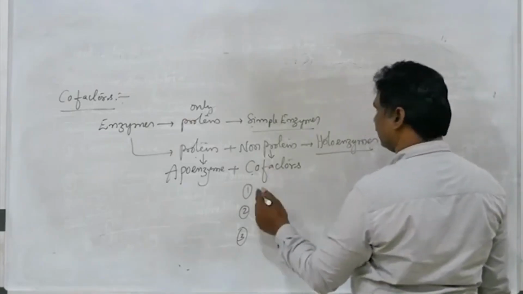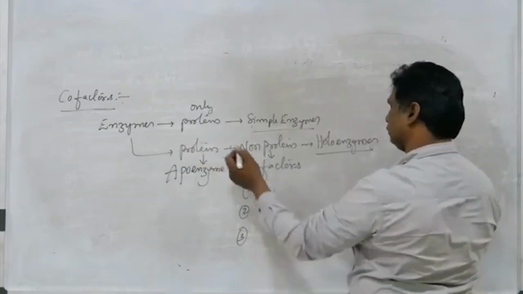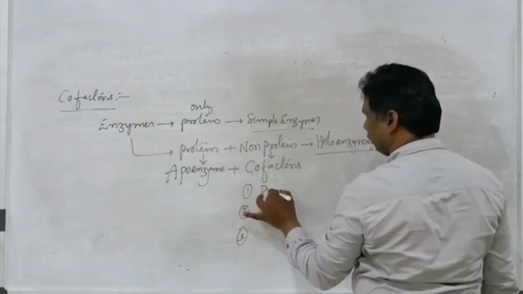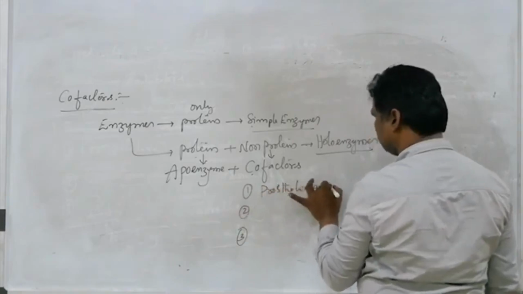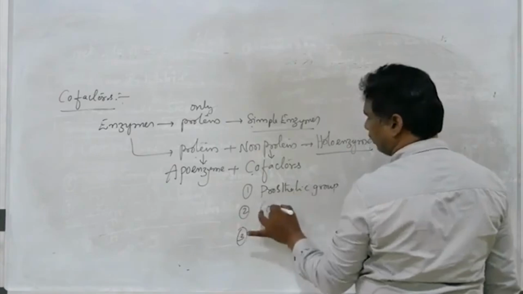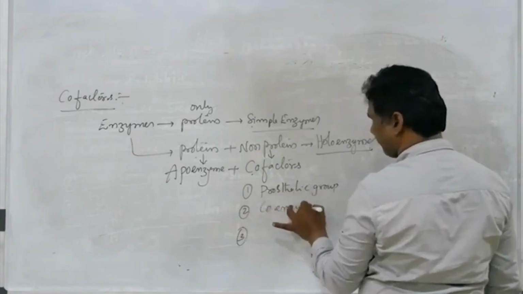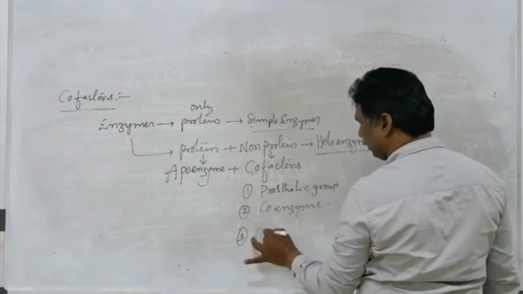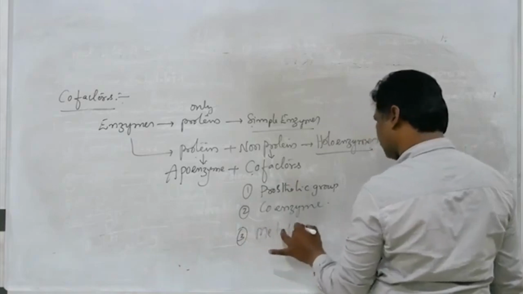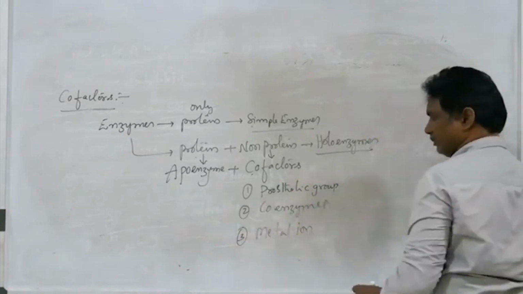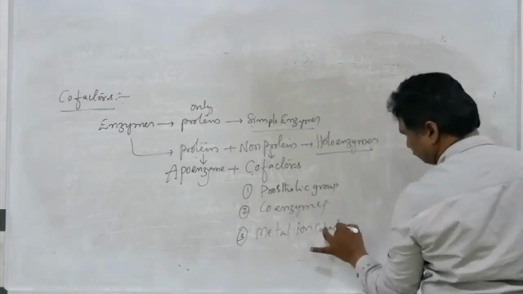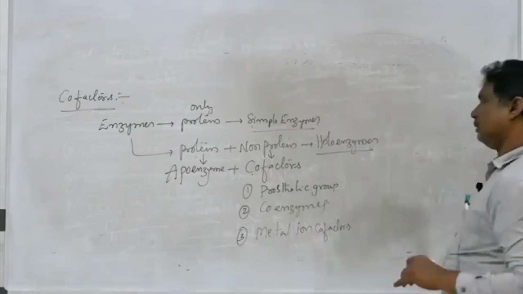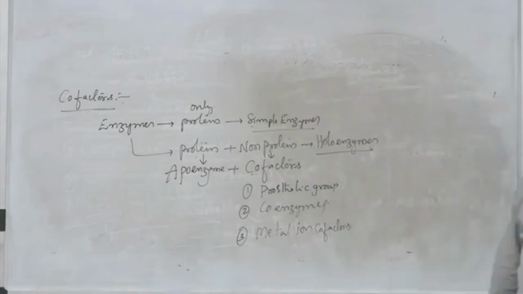The first one is the prosthetic group, second one coenzymes, and third one metal ion cofactors. Prosthetic group, coenzymes and metal ion cofactors.